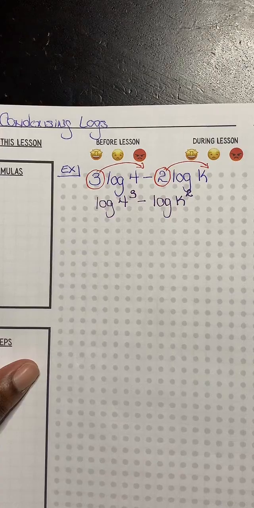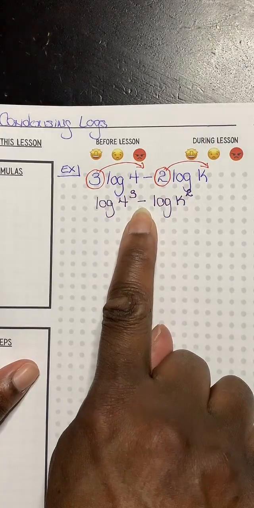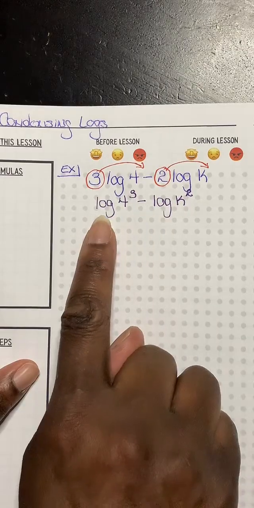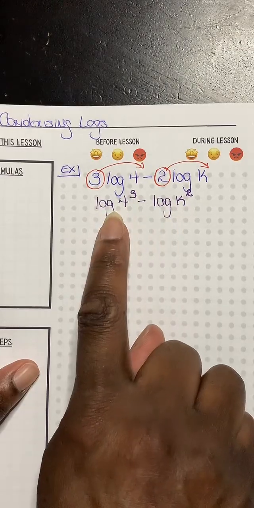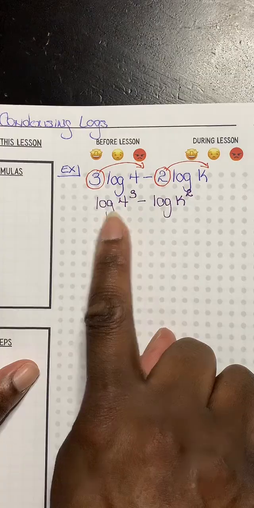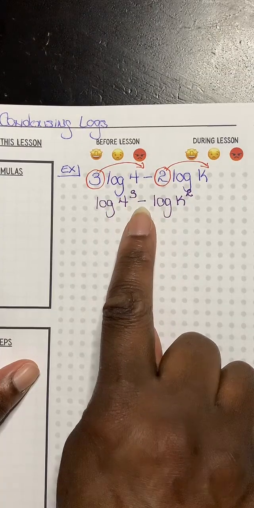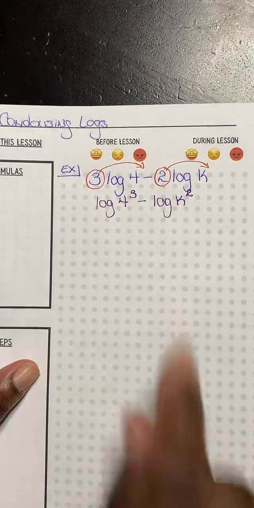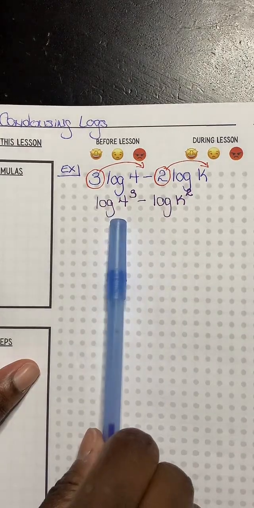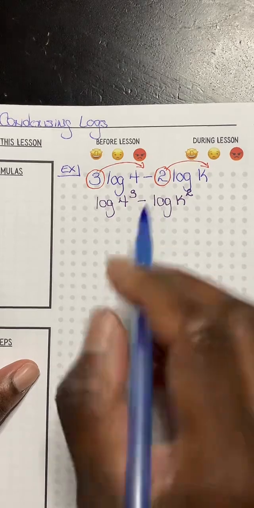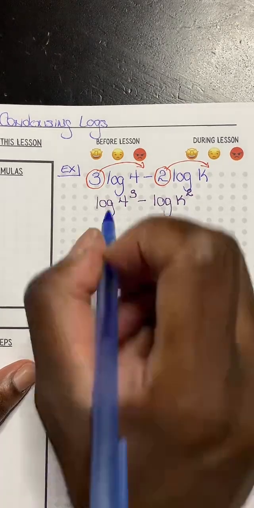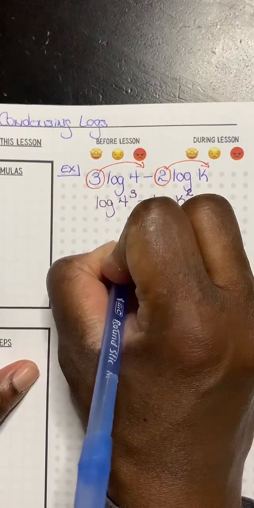Now, taking a look, we got a minus sign. We have the same logs, and they both have the same bases. There's a common log with a base of 10. But now we have this subtraction. So that's telling me I'm going to divide. So since we have the same log, I'll write that log out.